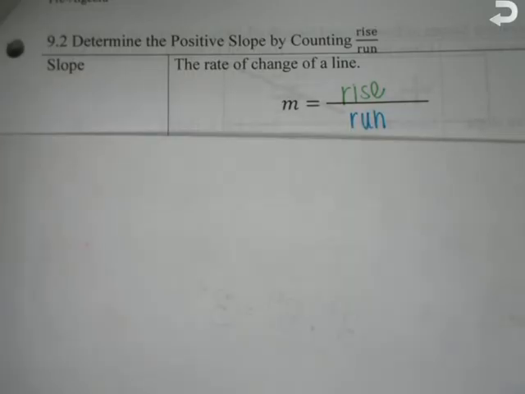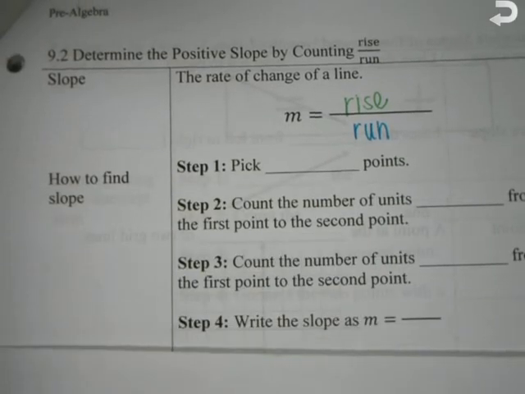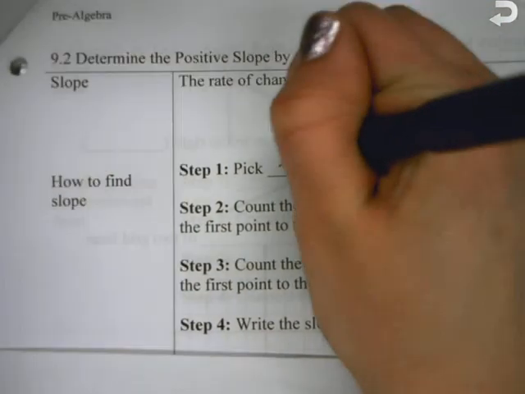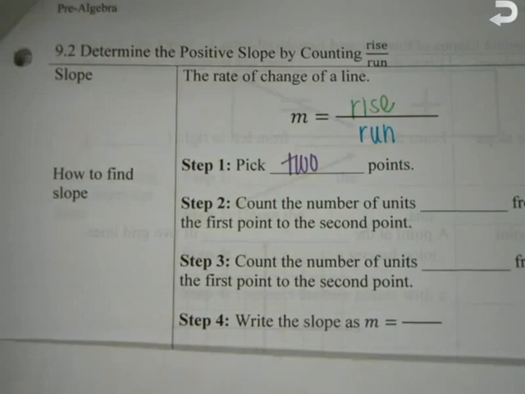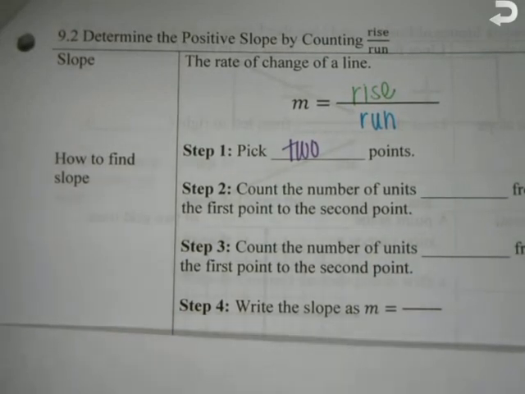So how do you find the slope? There are 4 steps for finding the slope from a graph. On the graph you will be given, you first pick 2 points. You can pick any 2 points you want: the first point and the last point, the first point and the second point. It does not matter which points you pick.